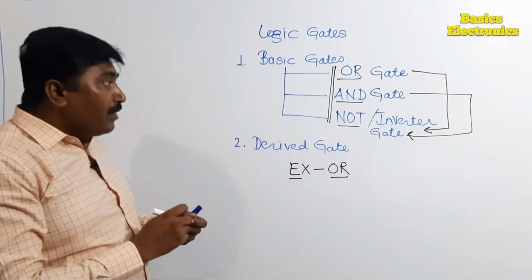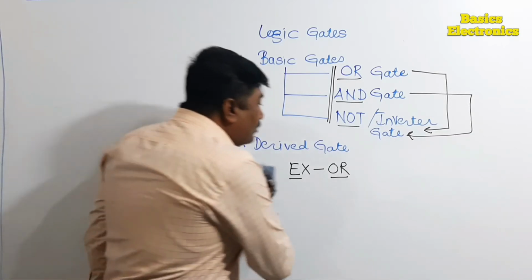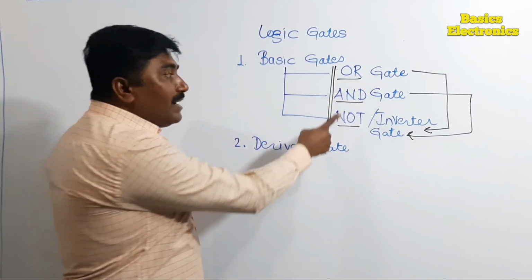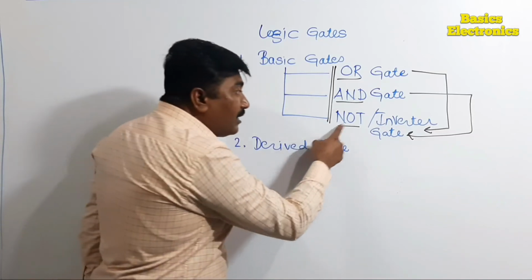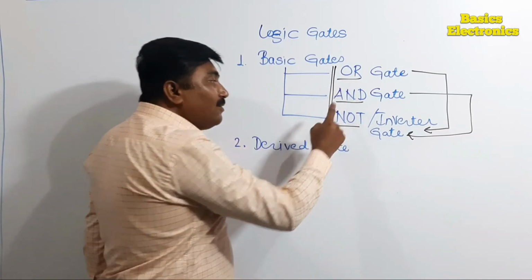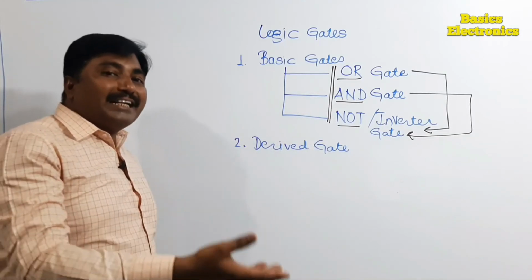So we have the three basic gates. The first is the OR gate, the second is the AND gate, the third is the NOT gate. When the OR gate and the NOT gate are connected together, a new gate is formed.